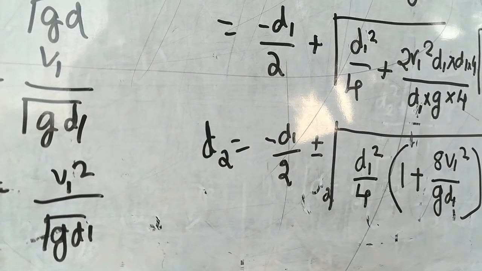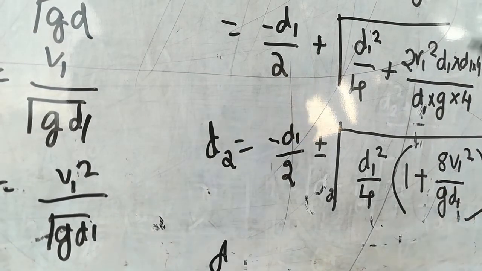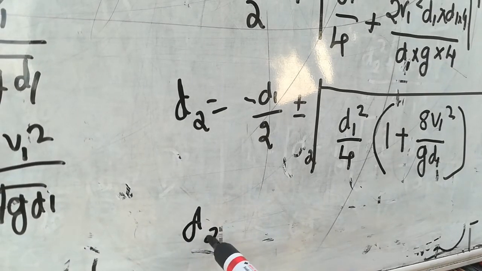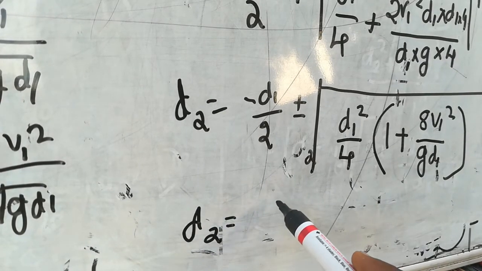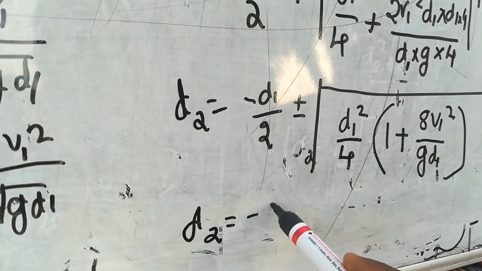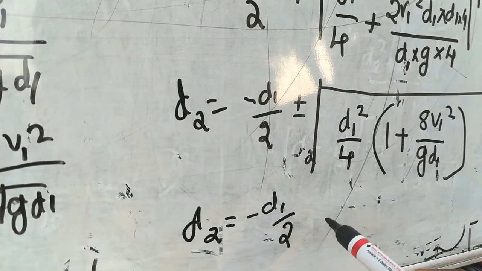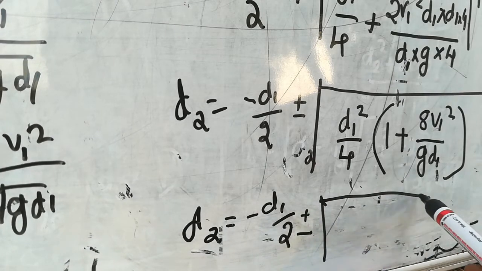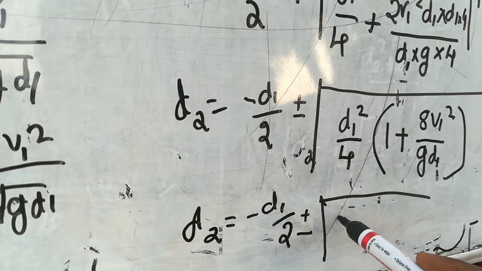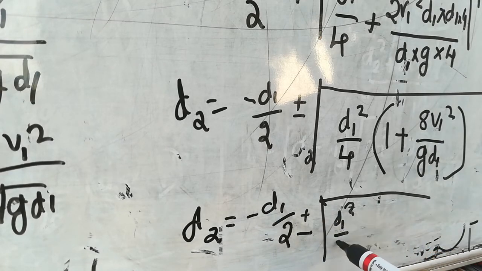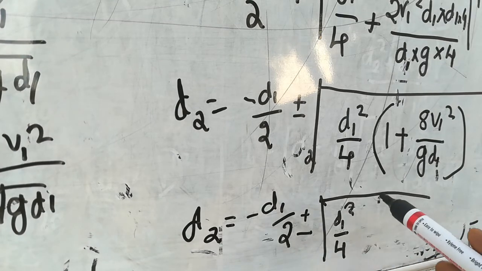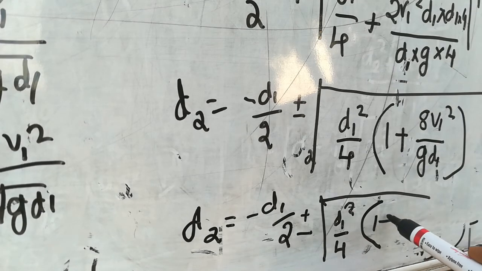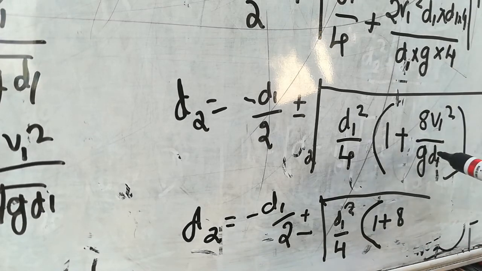We can write d2 is equal to minus d1 by 2 plus or minus root of d1 square by 4 into 1 plus 8 v1 square by g d1.